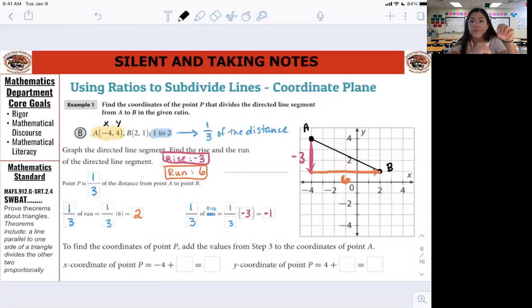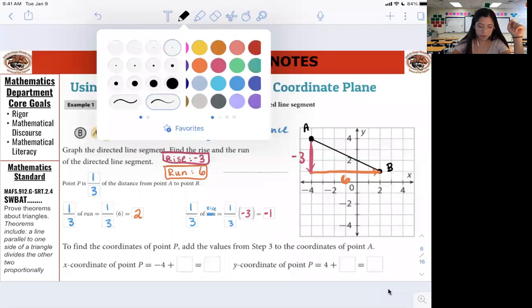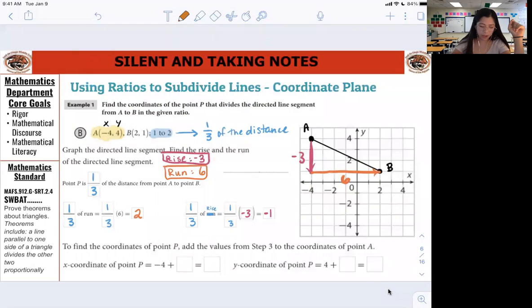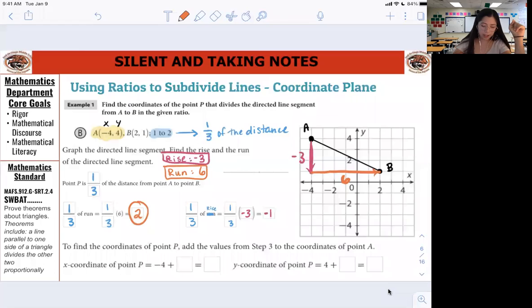Good. Rise. So the rise is the y values. The run is the x values. So what number should I be adding to my x values? Should I be adding 2 or should I be adding -1?